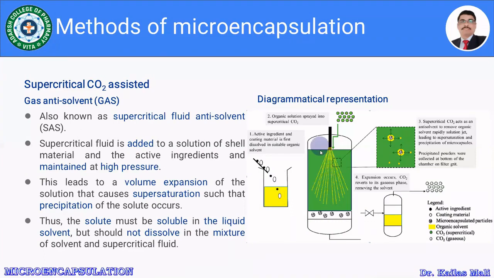In the second step, we spray this solution into the chamber which contains supercritical carbon dioxide. By using the spray gun or nozzle, this organic solution is sprayed into the chamber containing the supercritical carbon dioxide. So it forms droplets or a mist.